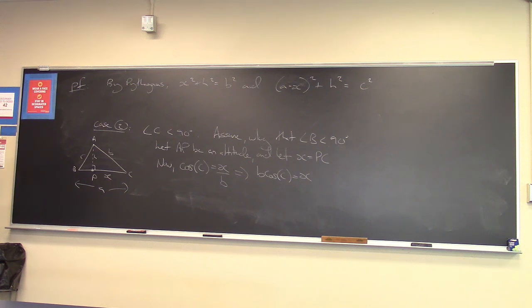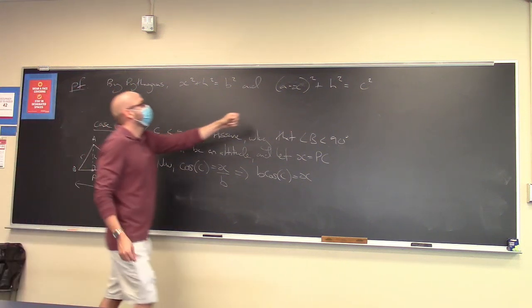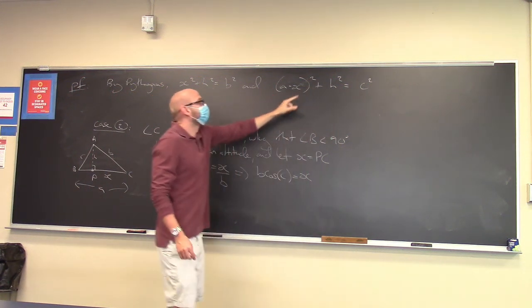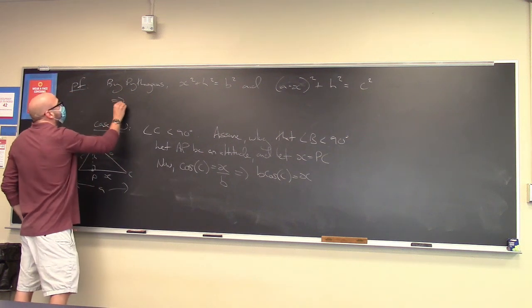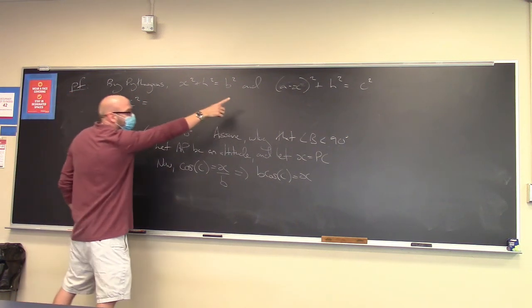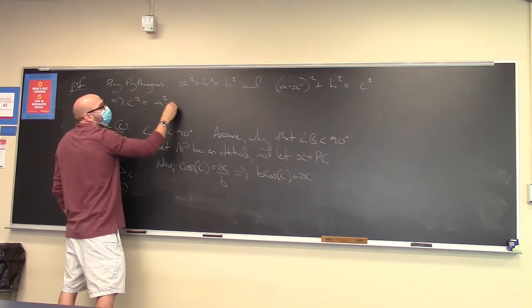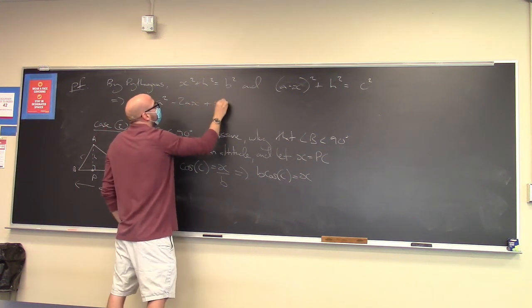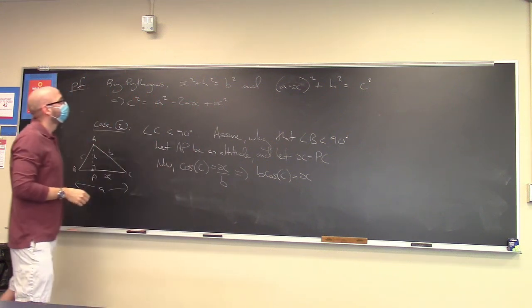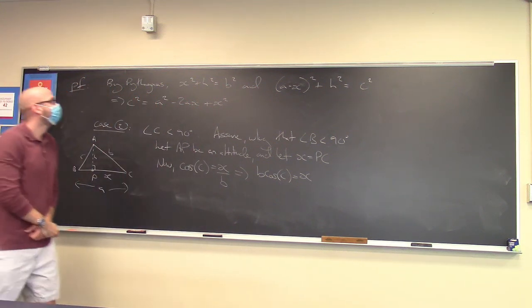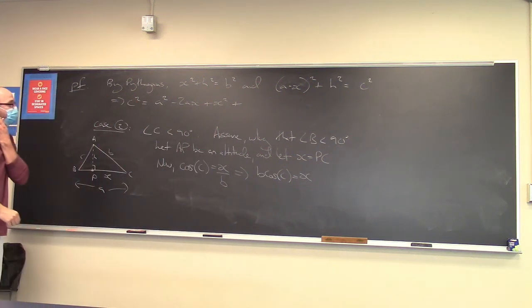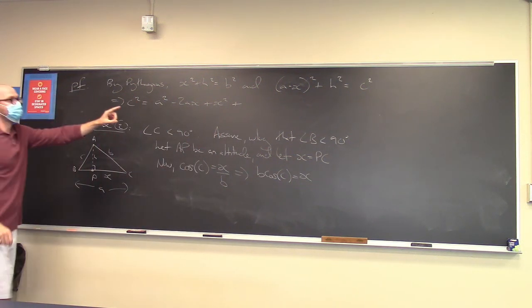What did I want to do? I wanted to prove the law of cosines, which says that c squared is equal to something. So let's take this point here. We've got c squared is equal to something, and try to manipulate the left-hand side. So c squared is equal to, we'll FOIL this out, a squared minus 2ax plus x squared plus h squared, but we're going to make a substitution at this point.